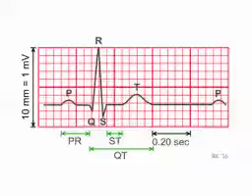Every ECG is set as 10 millimeters, representing 1 millivolt. This is the standard setting for all ECGs.